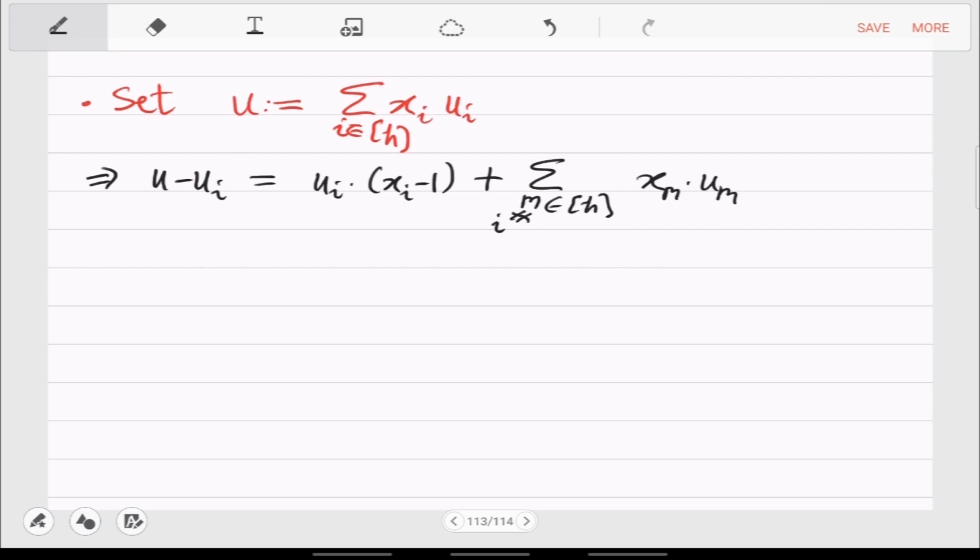So yeah, let's check Vi of u minus ui. That is what you want in the theorem statement, right? You want to evaluate the ith valuation of u minus ui. So what will you get from here?